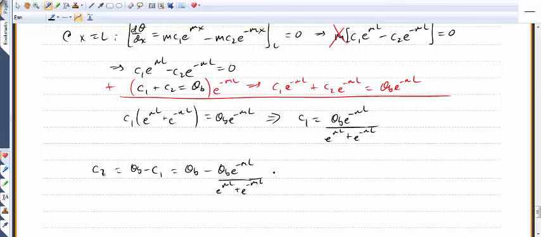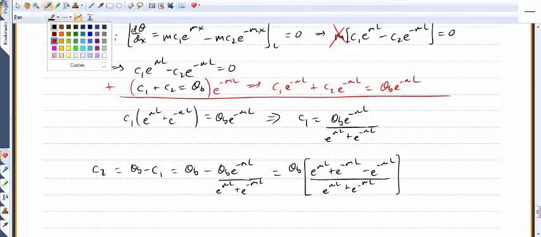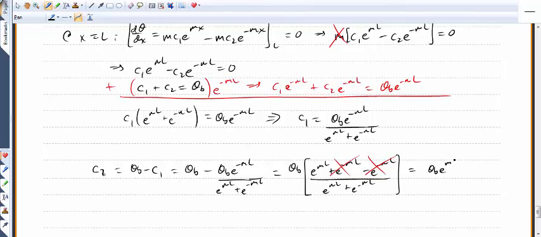If we take out the theta sub b and use our common denominator, we have e to the plus ml plus e to the minus ml minus e to the minus ml over e to the plus ml plus e to the minus ml. The e to the minus ml's, of course, cancel out. So we're left then with C2 equal to theta sub b e to the plus ml over e to the plus ml plus e to the minus ml.